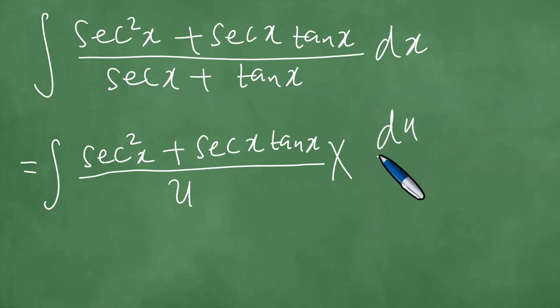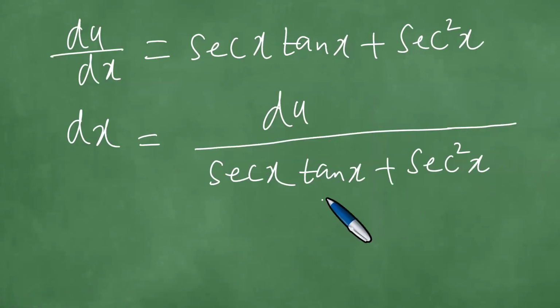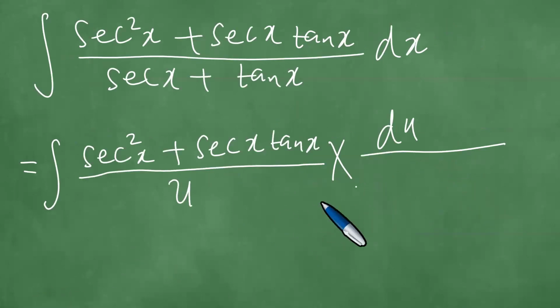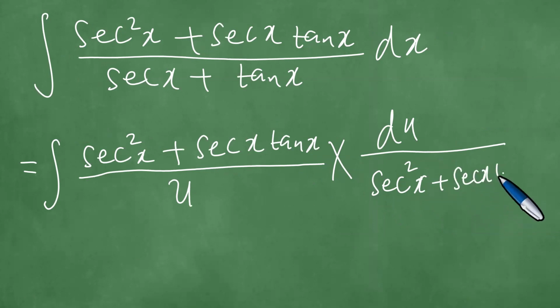Right, and we can write this the other way around. We can write the secant squared of x first, so writing the secant squared of x plus the secant of x times the tangent of x, like so.